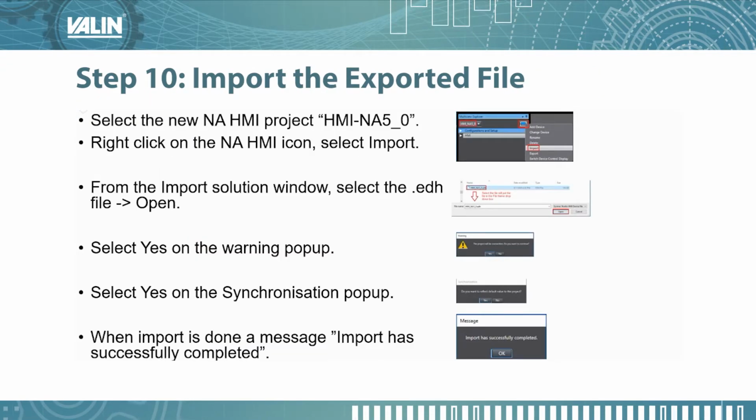What you want to do then is select HMI_NA5_0 and right click on it, select import, and then from the import solution window, select the file and click open. Again, the warning will pop up, say yes on that, and then the synchronization pop-up window will show up, click yes on that, and when everything is imported correctly, it will say import has successfully completed, so click OK on that.